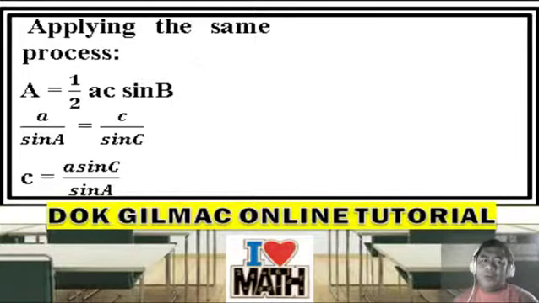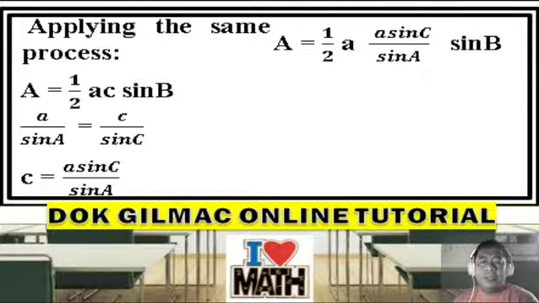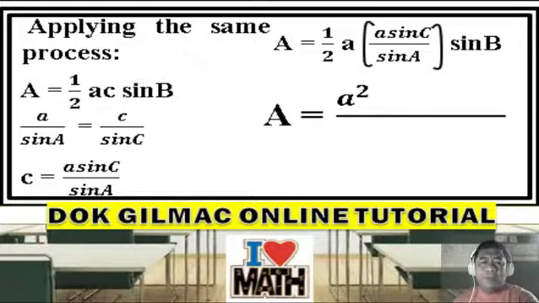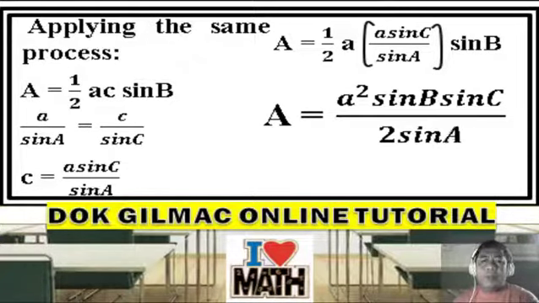From the given formula, A is equal to 1/2 AC sine B, we substitute the given value for C. So we have here 1/2 A times A sine C over sine A times sine B. Simplifying further, A is simply equal to A squared sine B sine C all over 2 sine A. Again, we derive another formula.